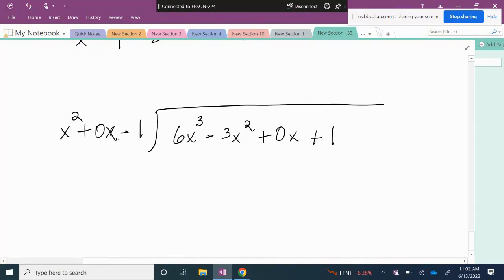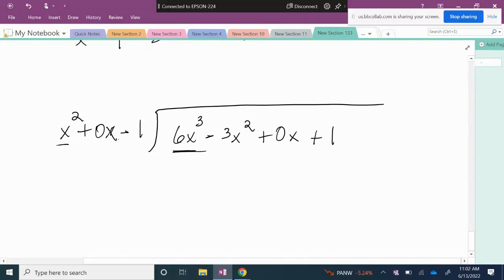So we have three terms in the divisor, right? So here again, we're going to concentrate on those first terms. So x squared times what will give us 6x cubed?